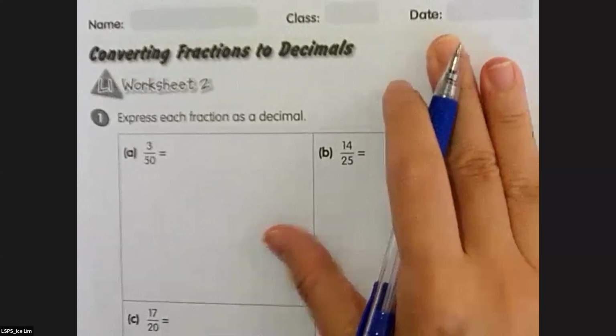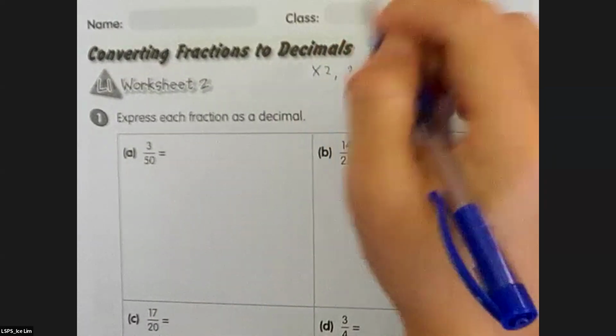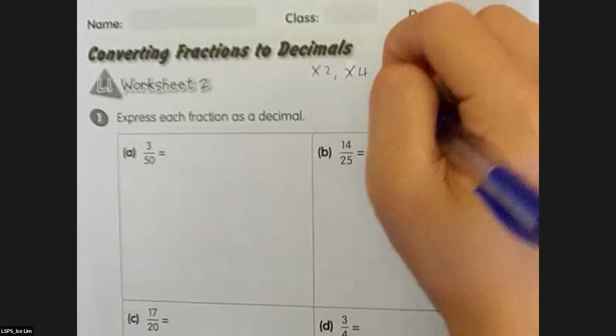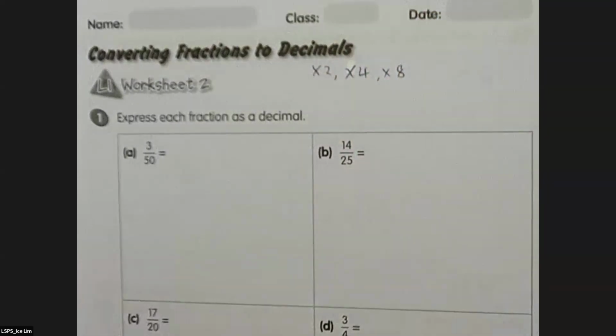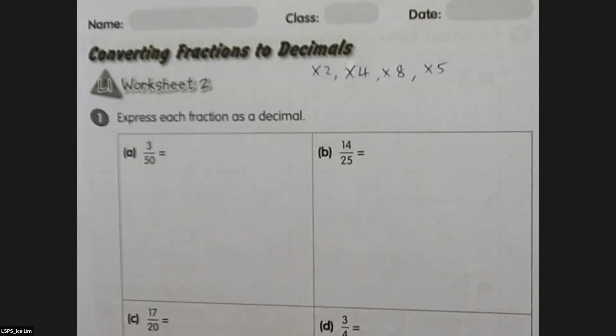at page 59. The shortcut here will be, I will ask myself whether I times 2, times 4, times 8, times 5, maybe times 6.